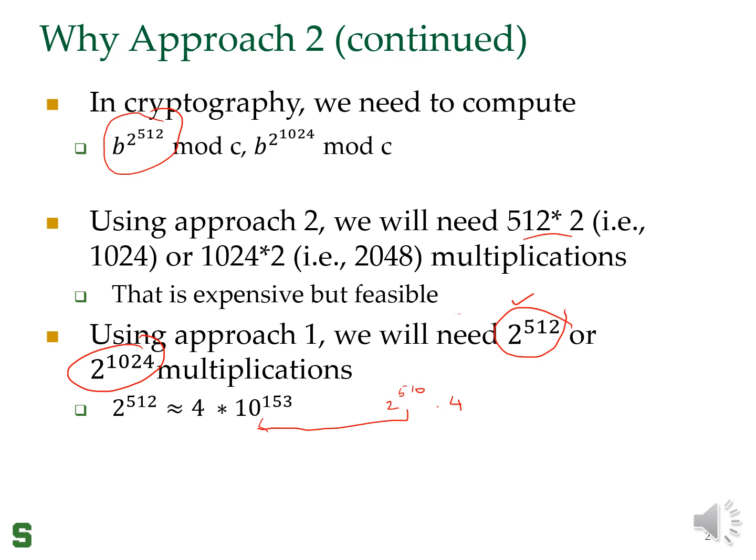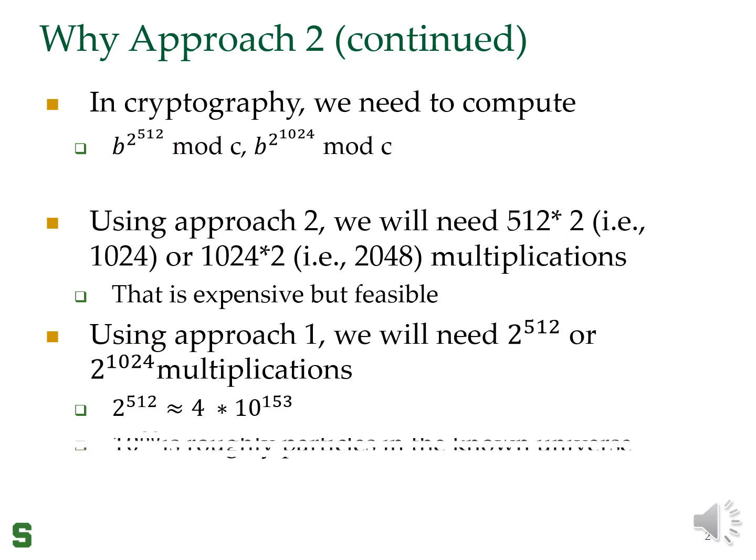Now, if you are not sure how big this number is, I want to put some context. 10 to the power 80 is roughly the particles in the known universe. So we're talking about numbers that are way bigger than even the particles in the universe. So that's something that we will not really be able to use in practice.